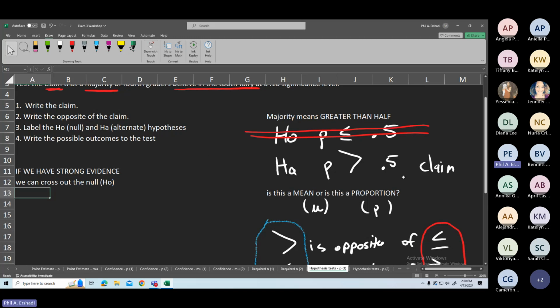And can you see that this would leave behind the claim if we did cross out the null? So crossing out the null leaves the claim behind. And that means we can support the claim. And we can support the claim because the evidence is strong.